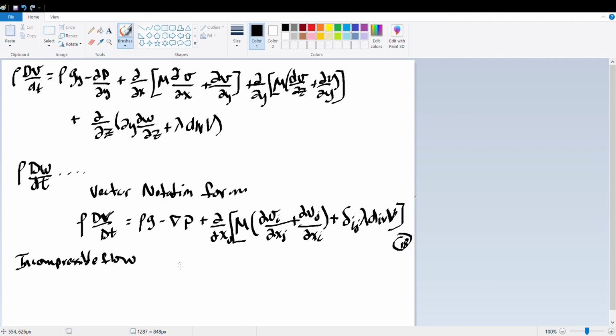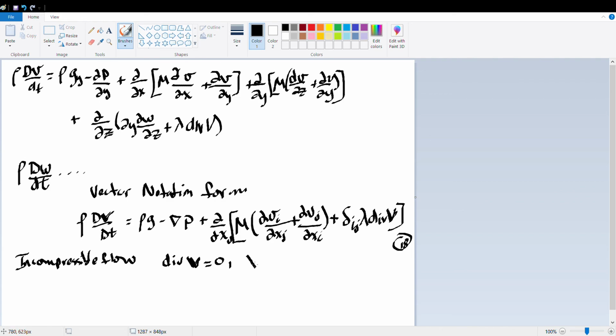So for incompressible flow, we say the divergence of V equals 0 due to continuity. To get continuity, you actually have to set the divergence equal to 0, and this eliminates the lambda part, as you can see right here.